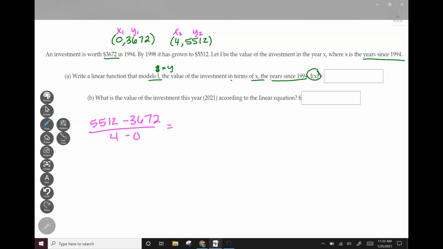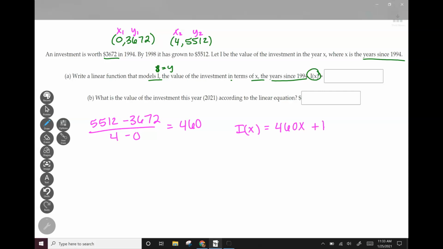Okay, and then you can type that into your calculator: 5512 minus 3672 divided by 4. I got 460. So that's my slope. So my function, I of x, is going to be 460x, just plugging in my slope.